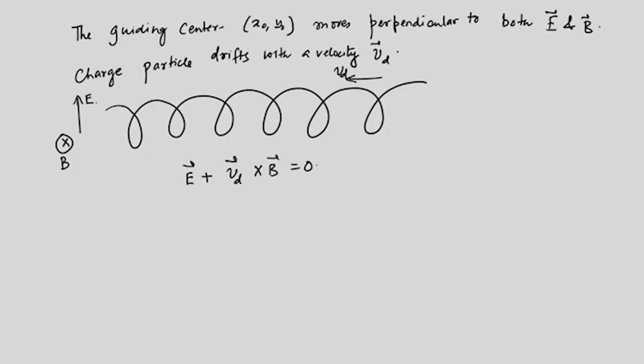So how do we get this? We can take a cross product with B, which gives 0 equal to E cross B plus V d cross B cross B.